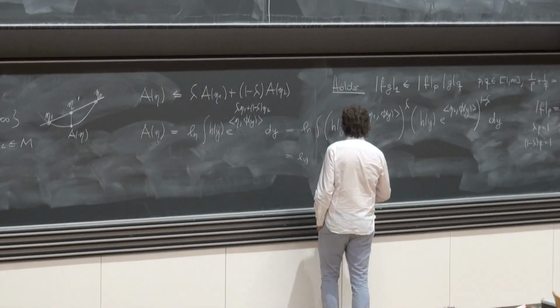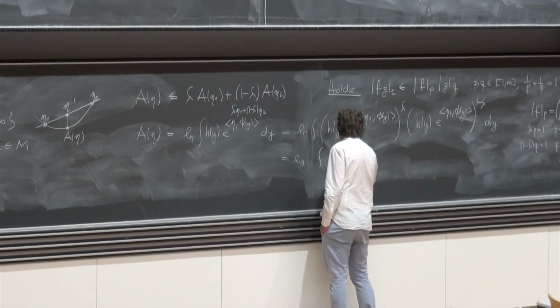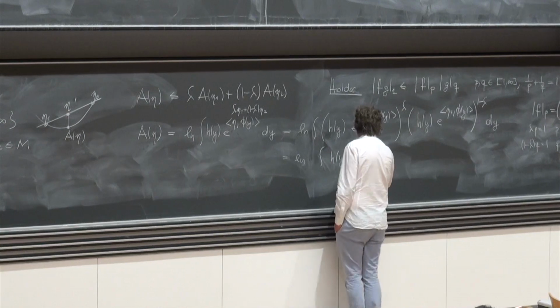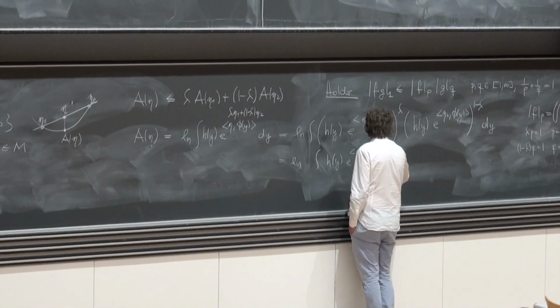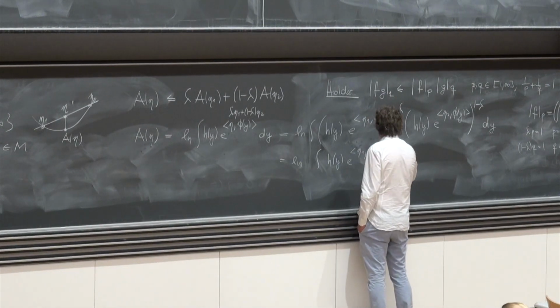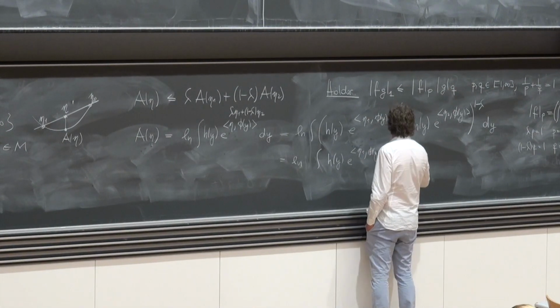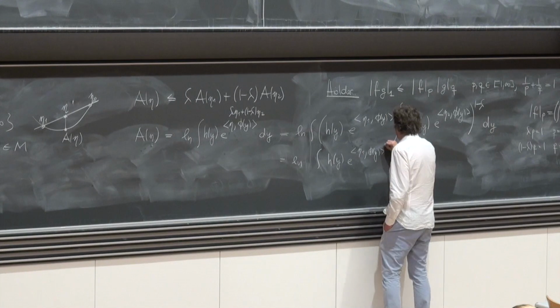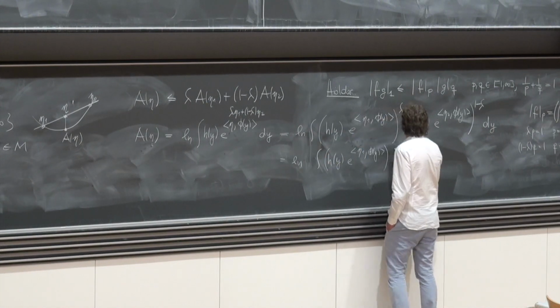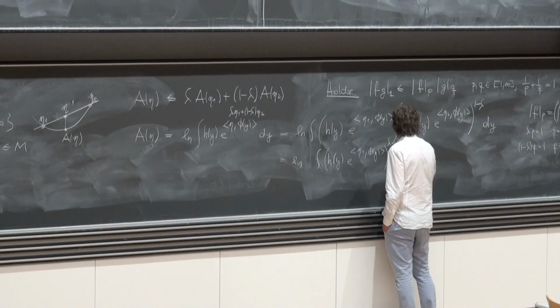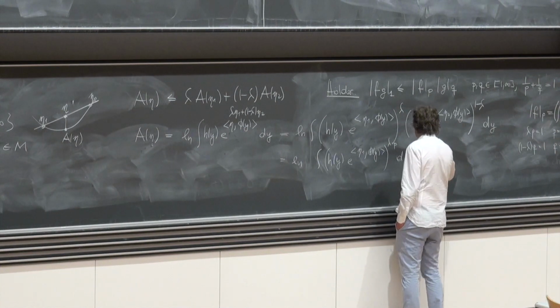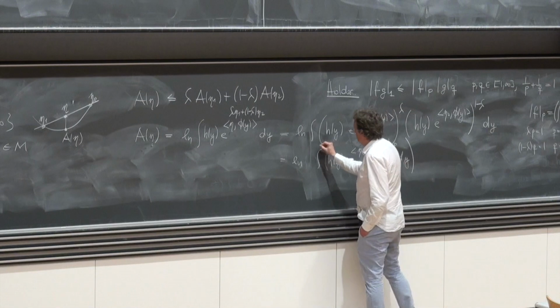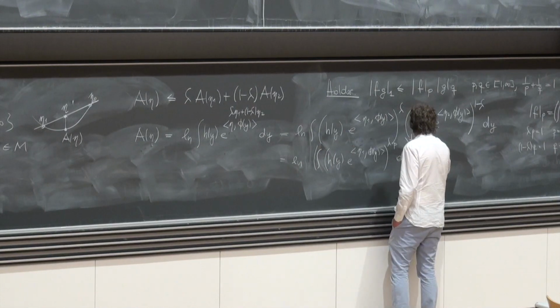So this means this is equal to the log, we still have the log here, and then we have the integral of h. I don't need the absolute values, everything is non-negative. So we're having this to the pth power, lambda times p times d mu, dy, and then I take 1 over p.